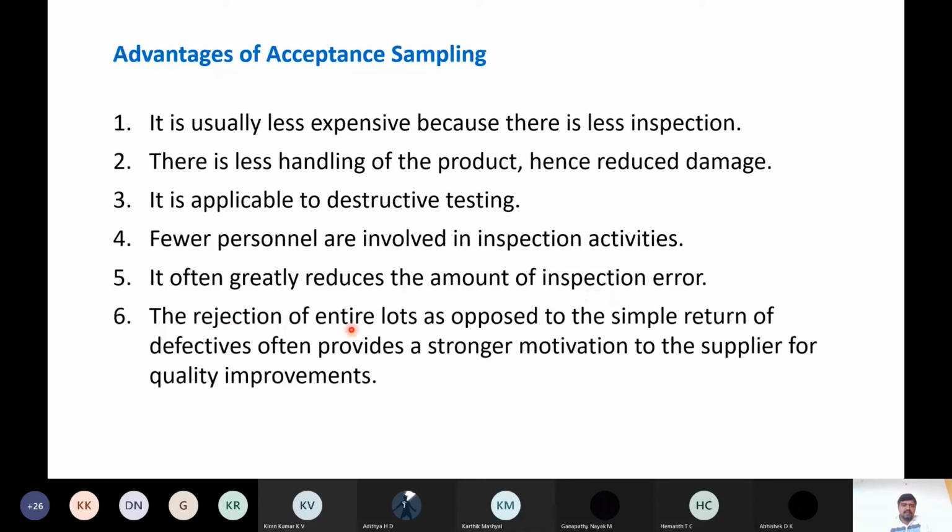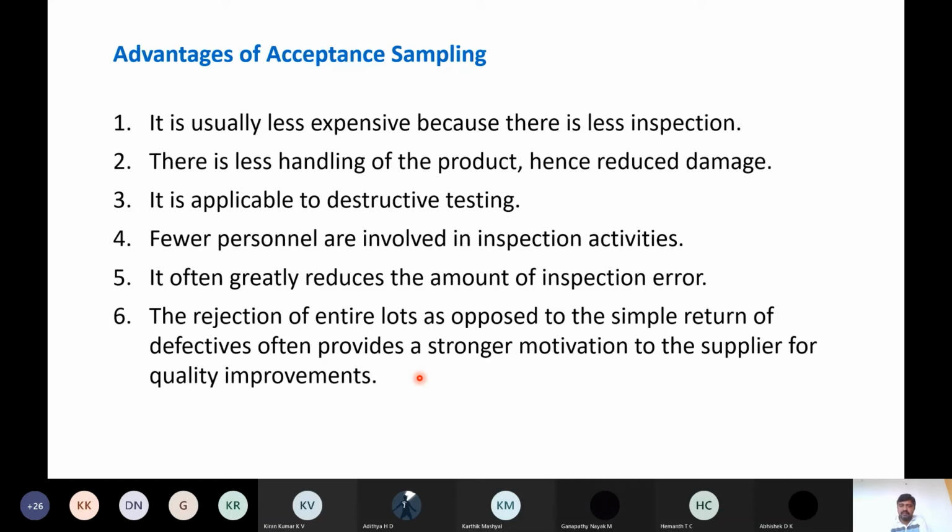The rejection of entire lots, as opposed to the simple return of defectives, often provides a stronger motivation to the supplier for quality improvements. This is another advantage of acceptance sampling. You are making a decision by evaluating the quality of only a few units, but you are making a decision regarding the entire lot. Suppose you find a few defectives and you reject the lot.